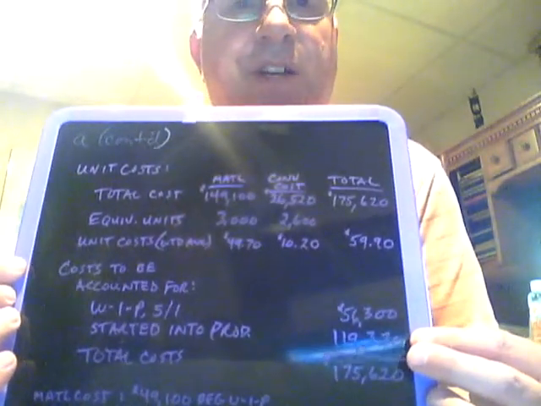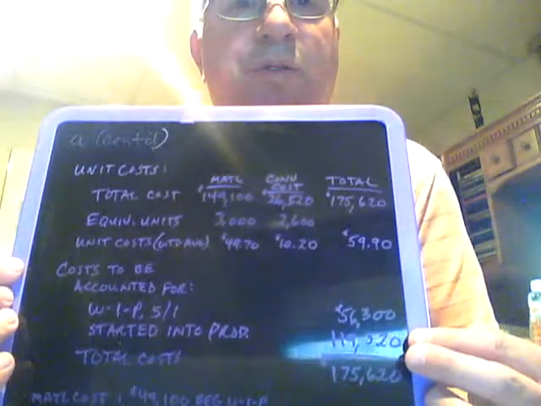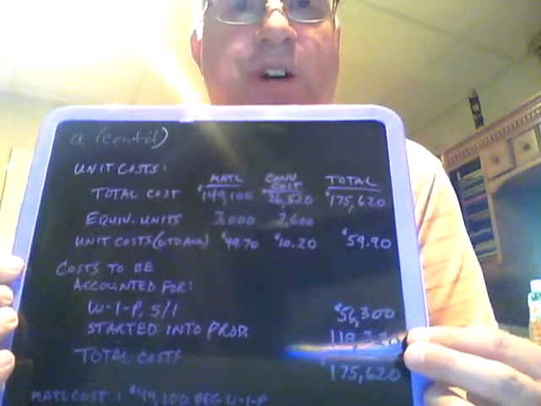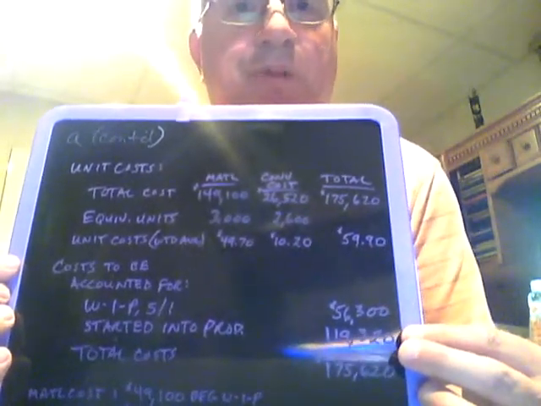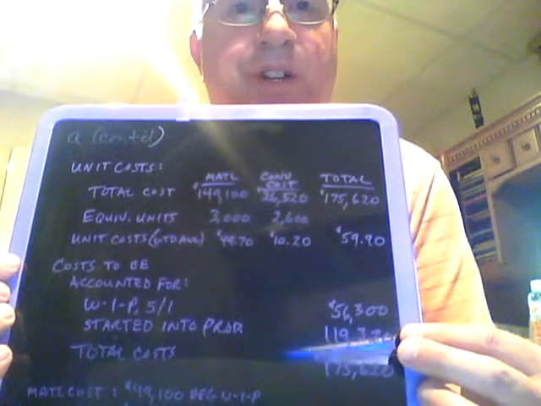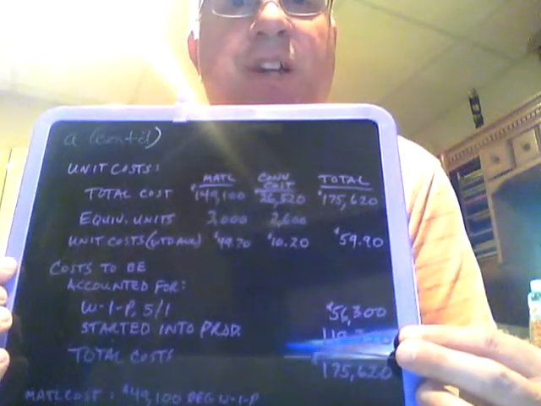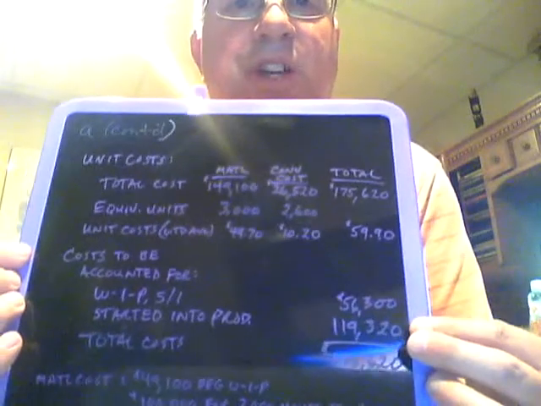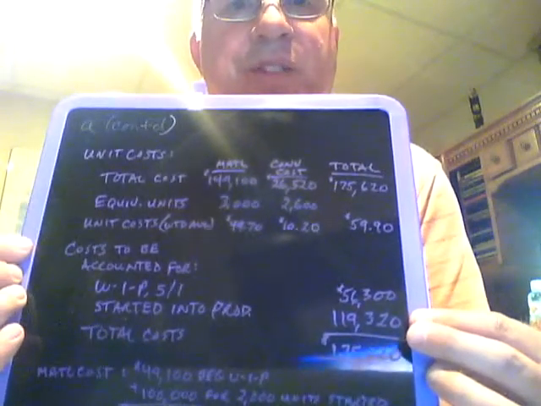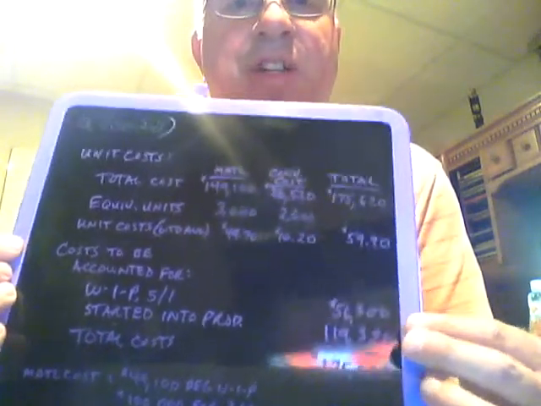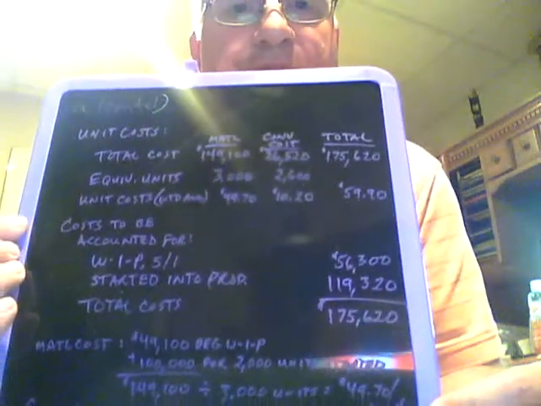So now we go to determining the unit costs. Now that we know what the units are that we needed to account for, and for materials, we had a total cost of $149,100. Again, this is based on information that was given to us.